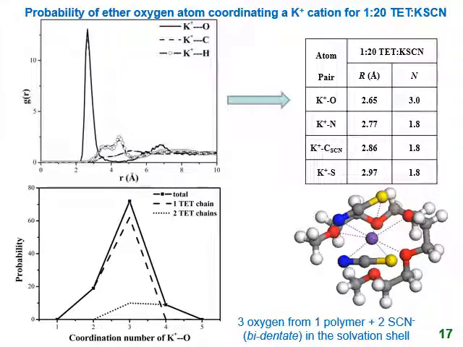From the RDF of the MD simulation, we can extract the distance and number of atoms around the potassium ion. For the first solvation shell, on average, there are 3 oxygen atoms from one polymer and 2 thiocyanate anions in the bidentate structure, as shown in this picture, with 2 bidentate coordinations from thiocyanate in the first solvation shell.